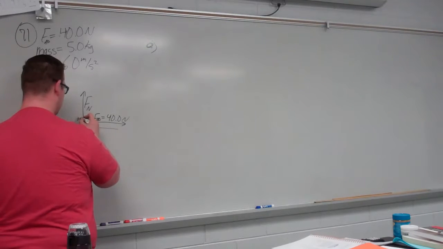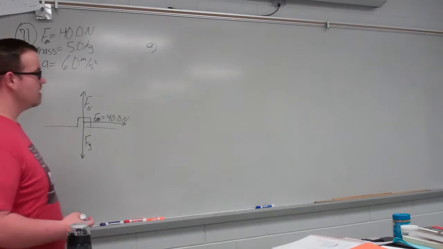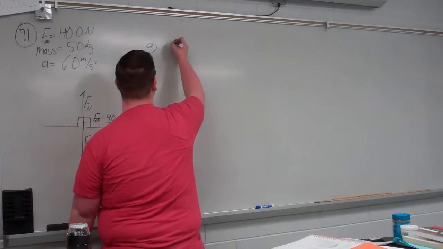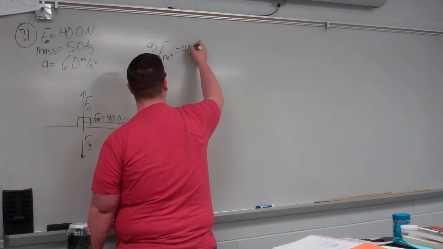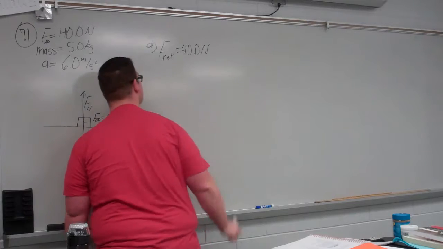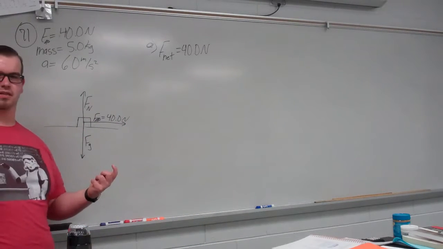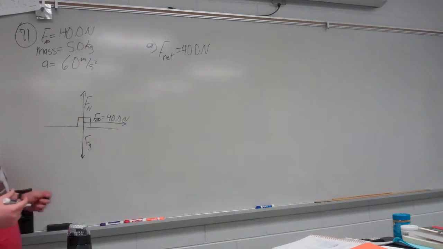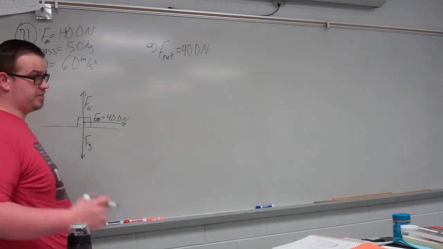What we're looking at is a net force of 40 newtons going in the x direction. The reason I know that is because the normal force and the force of gravity cancel each other out. I don't even need them. And then I have the force applied, the only thing going in the x direction.